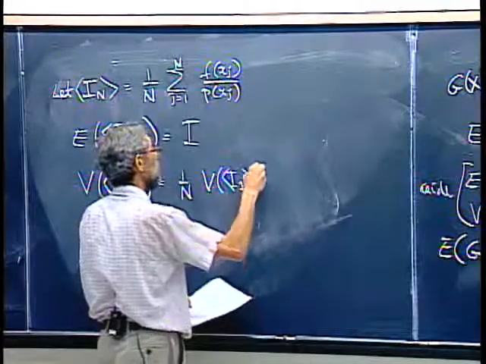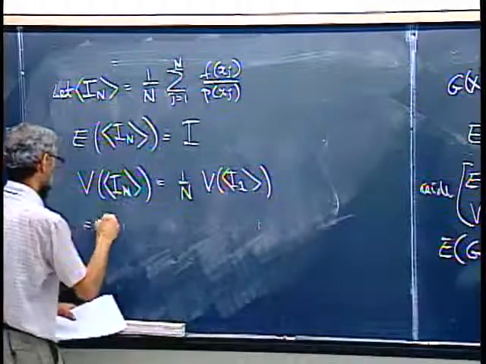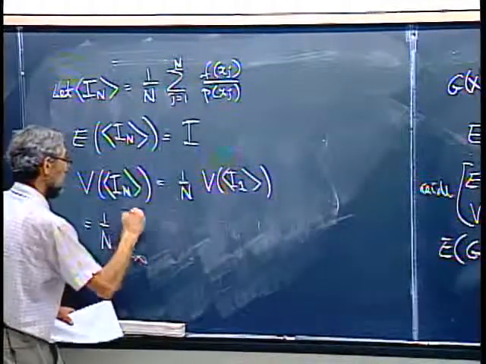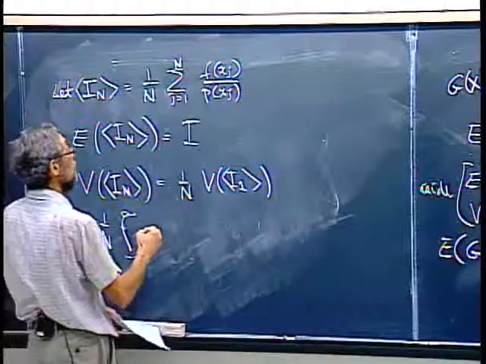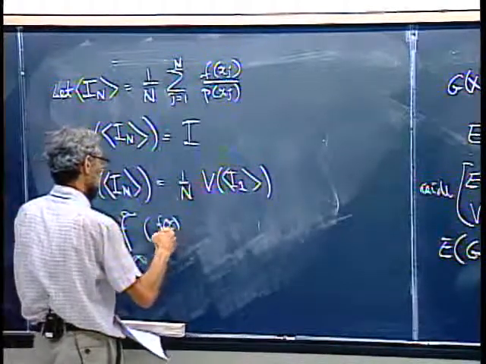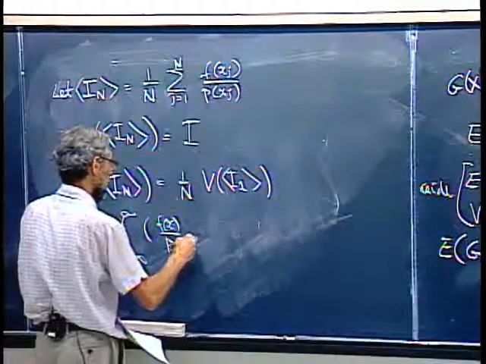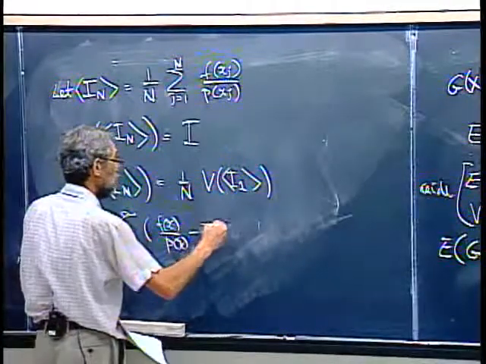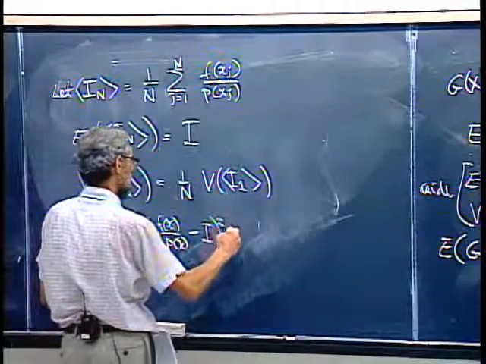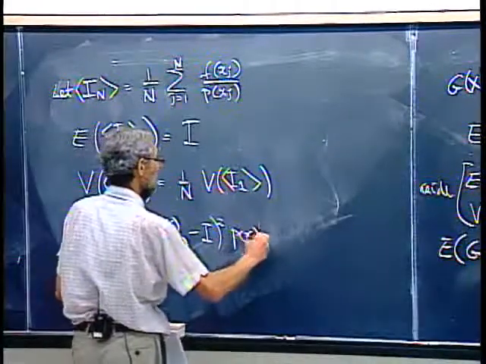I probably should have computed that, but that's 1 over n times the integral from minus infinity to infinity of f of x over p of x minus the true integral, which is the expected value, squared times p of x dx, right?